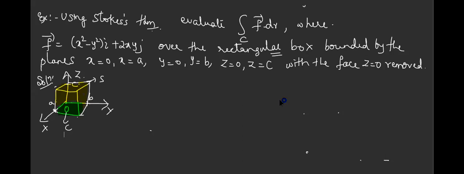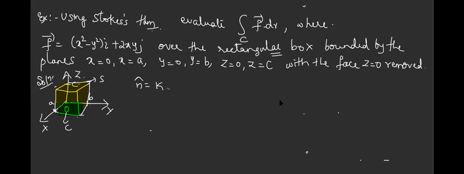Just imagine this rectangle. XY. Yes, it is only in the XY plane. So when it is lying in the XY plane, isn't it again here that the n cap value is K only? Am I right? So same thing, this is like a sphere and I'm taking a circle part in the XY plane. That is what it was for the previous example. Hope you could imagine it now.